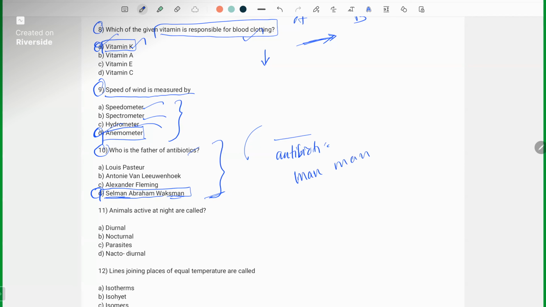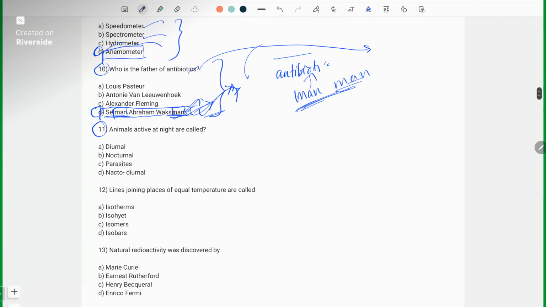There are two men's names coming in it, so make sure you have certain code words to remember antibiotic. You have to have some memory strategy. Even if you don't want to do this, you can search Selman Abraham Waxman and how he discovered antibiotic. If you love reading, you can read a little history, and it will stay in your mind forever. Just do whichever works for you.